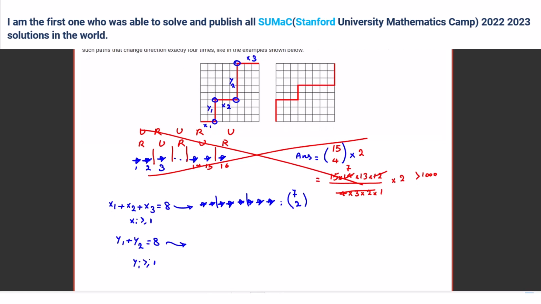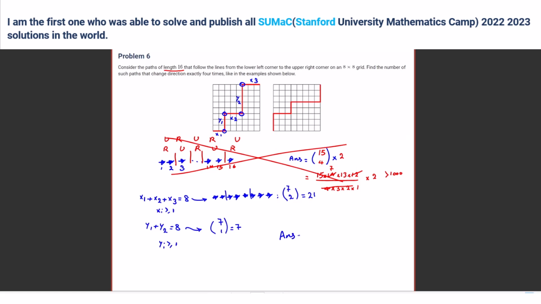Okay, that one would be 7 choose 1. Then 7 choose 2 is what? 21. Exactly. 7 choose 1 is what? 7. So the answer would be what?